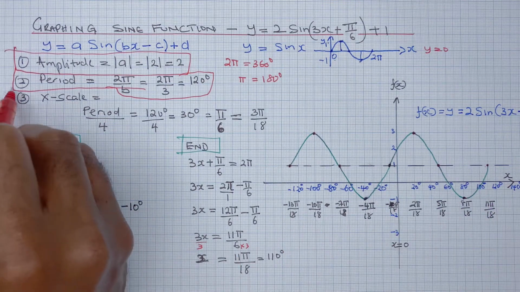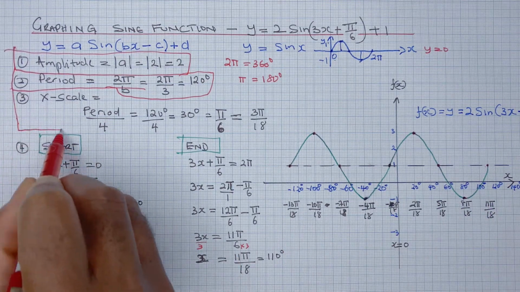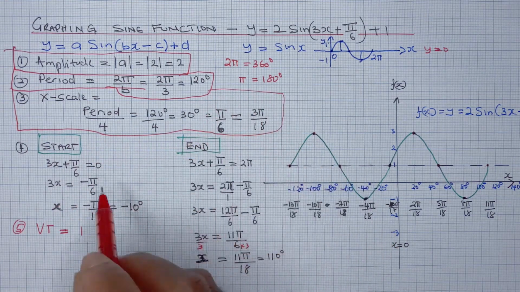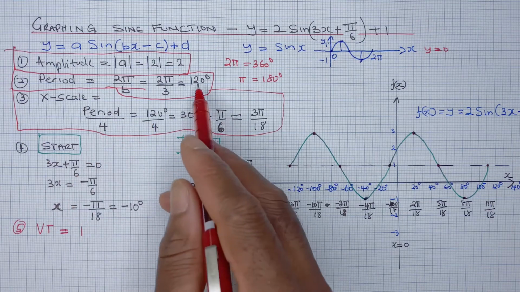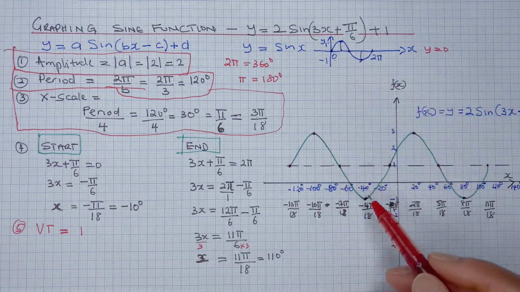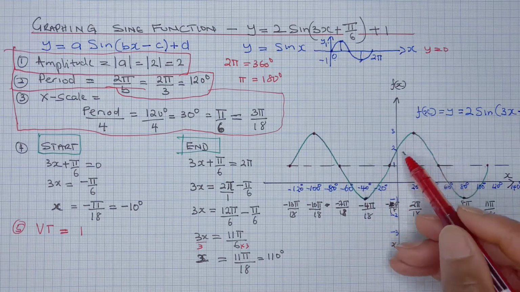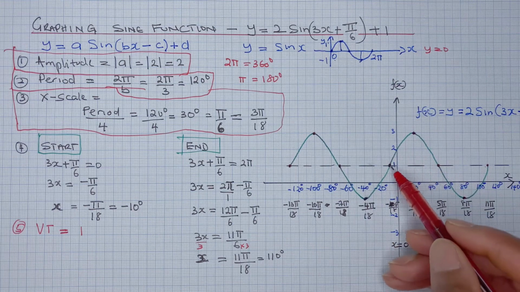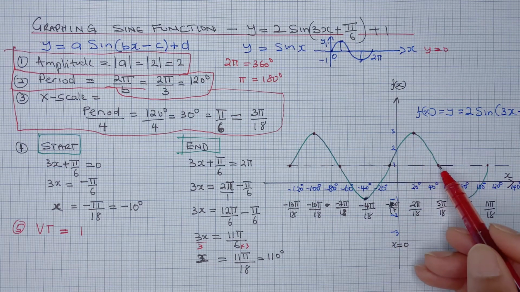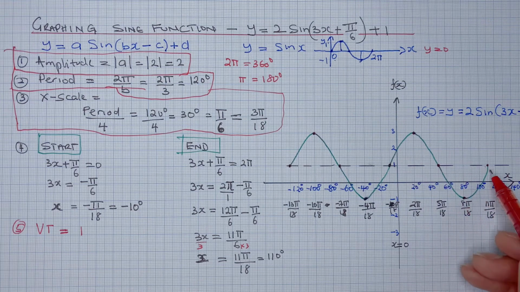And then you do your scaling, x scale. So your x scale is, you take your period, you divide it by 4, because you know this is divided into 4 parts, so it has to go from the 0 line to the highest, back to the main point. That's the line there, main point is there, and then back to the lowest, and then back to the main point.